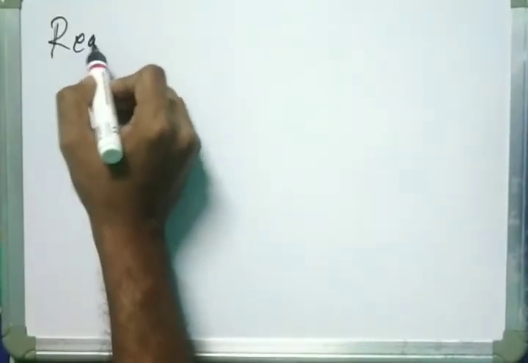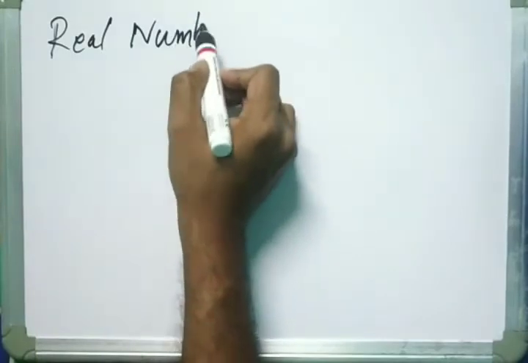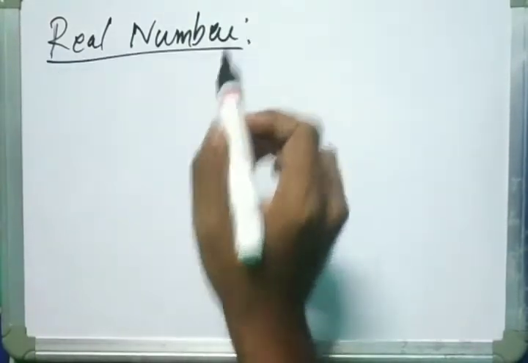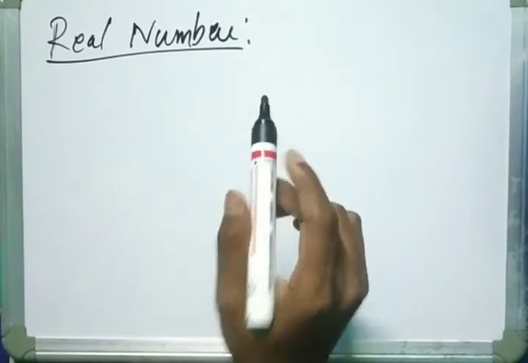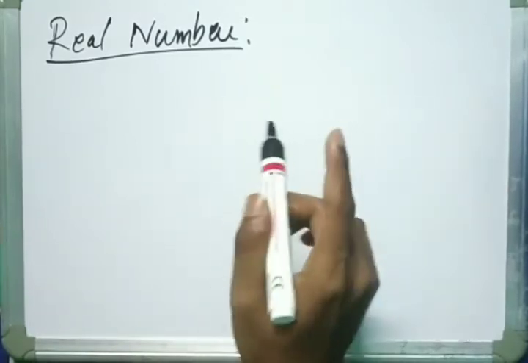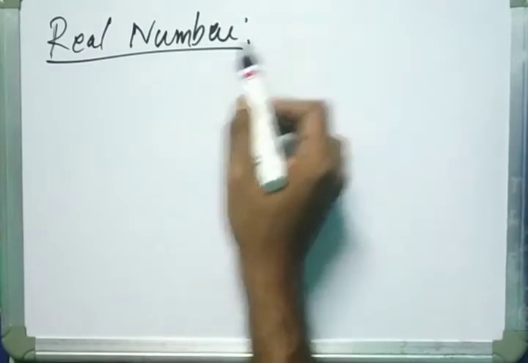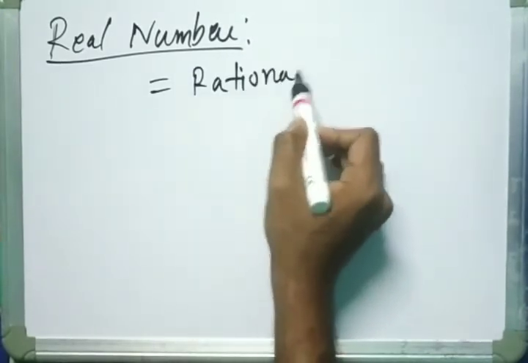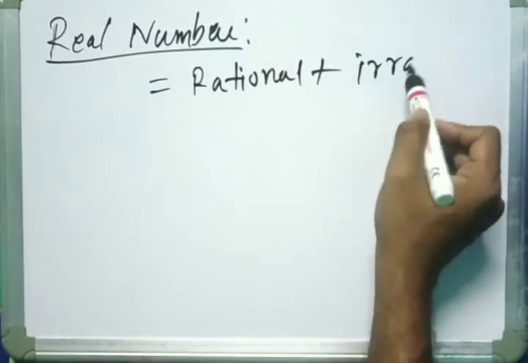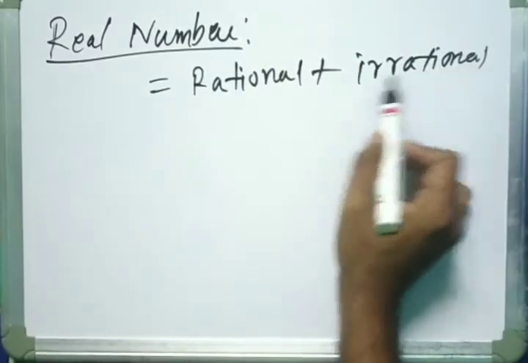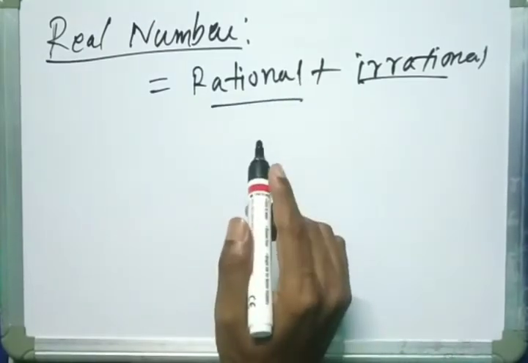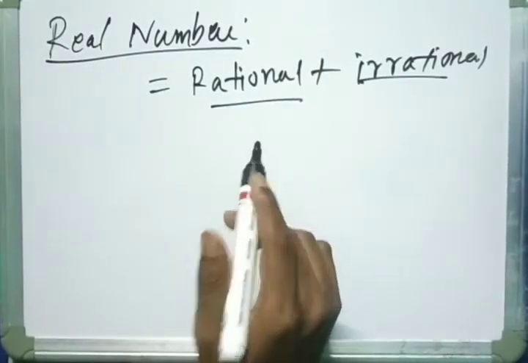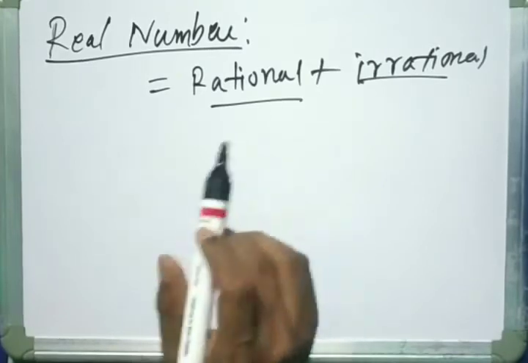Now what is a real number? A real number is a collection of rational and irrational numbers. So real number equals rational plus irrational. Okay, every real number is represented by a unique point on the number line.